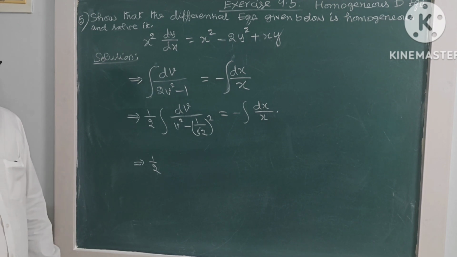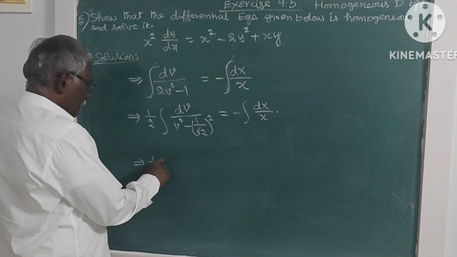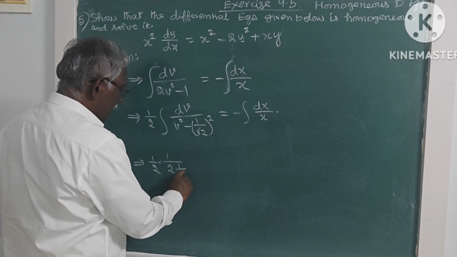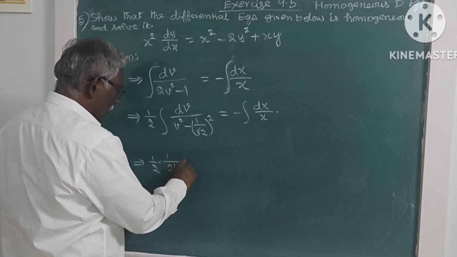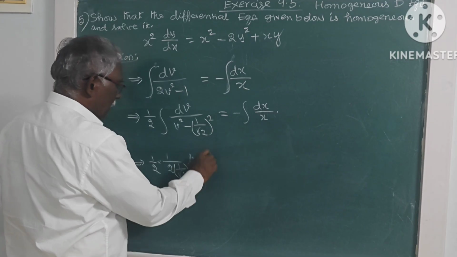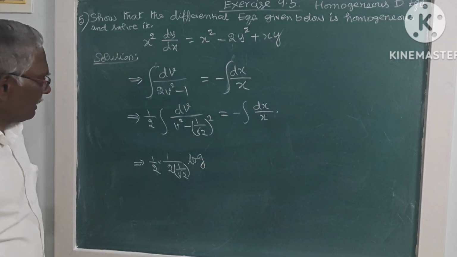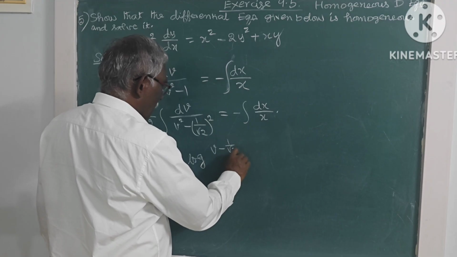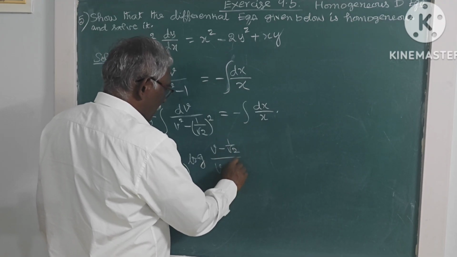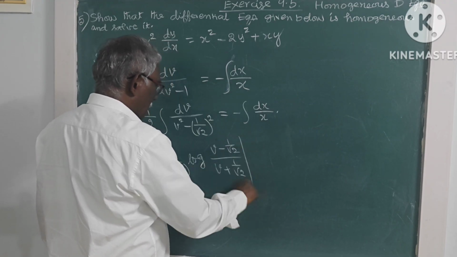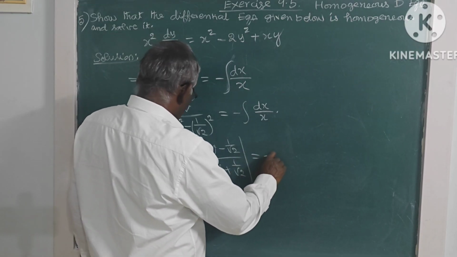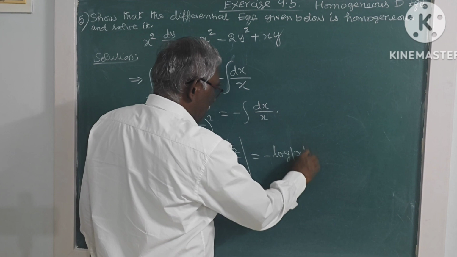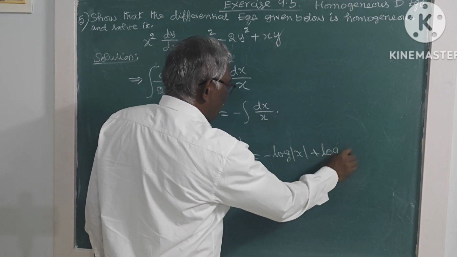What is the formula? The formula will be 1 by 2a, a is 1 by root 2, log of x minus a by x plus a. So v minus 1 by root 2 by v plus 1 by root 2. This is equal to minus log of x plus log of constant.